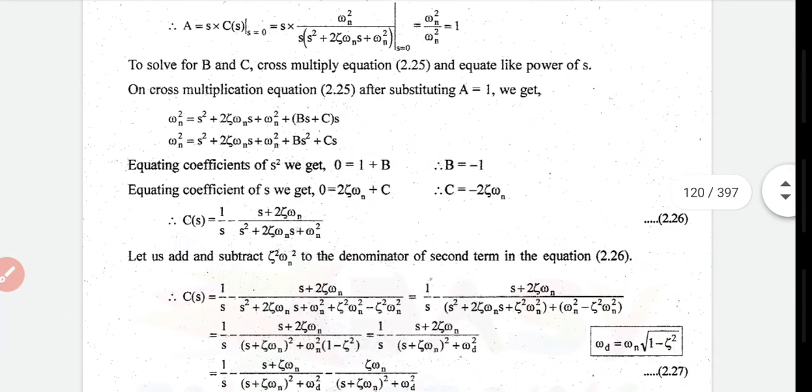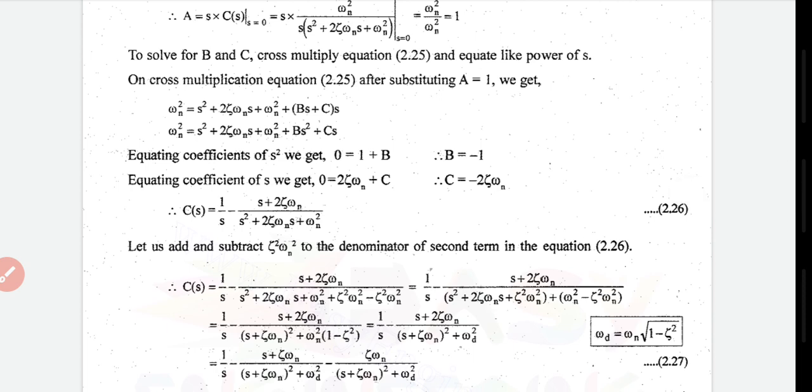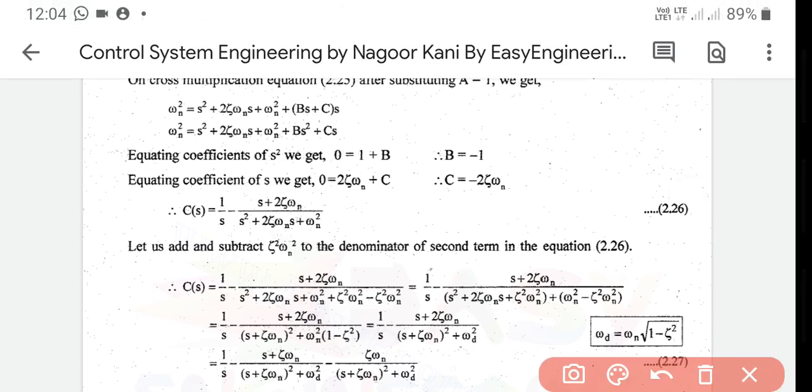In the previous class I said that the denominator should be in the form of x plus y whole square. For obtaining that, you are going to add and subtract zeta square omega n square to the denominator. Now the total equation is converted like this.